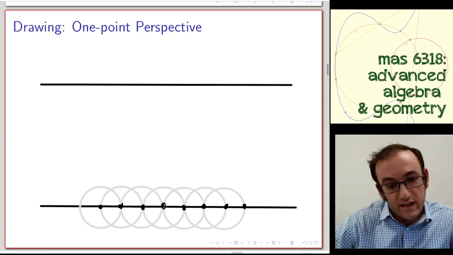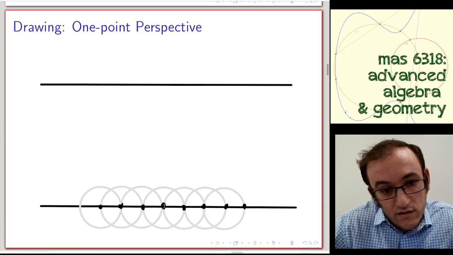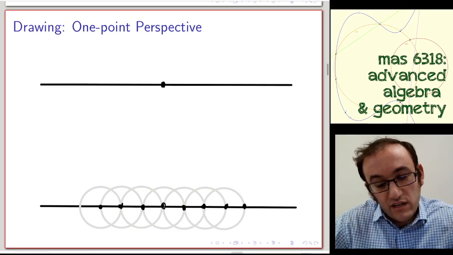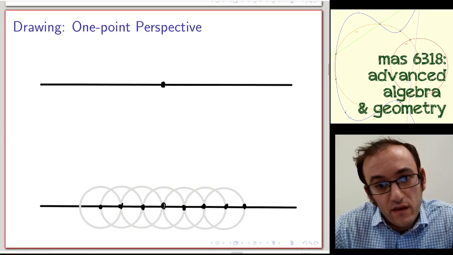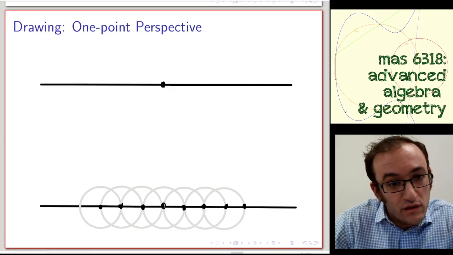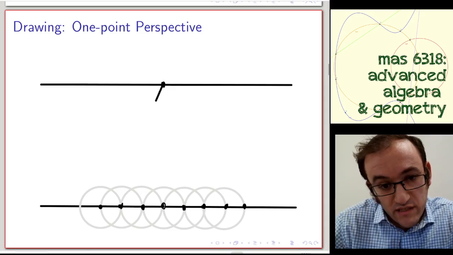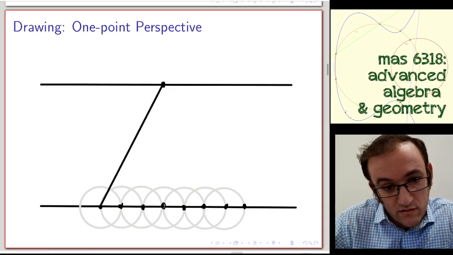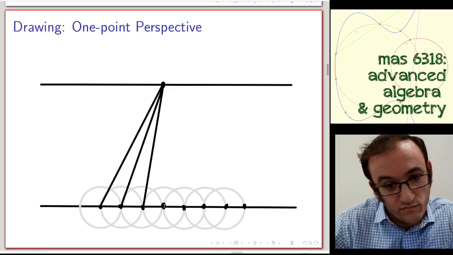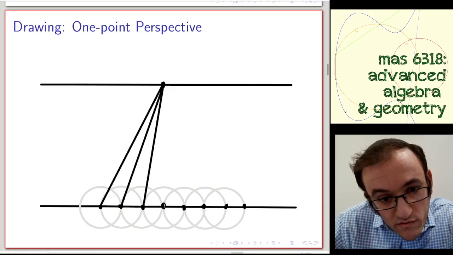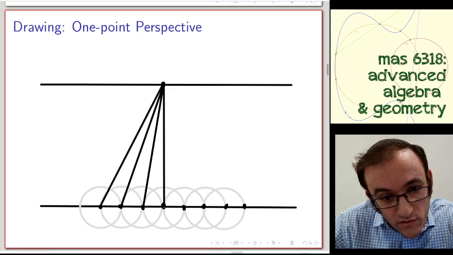Okay. And now we will take the point at infinity. So this is considered the one point that we have perspective from. And we are going to draw lines to all of our equally spaced points. Oops. Here we go.